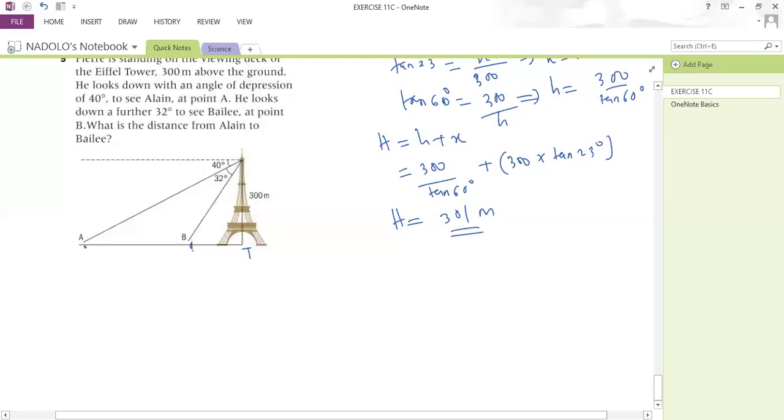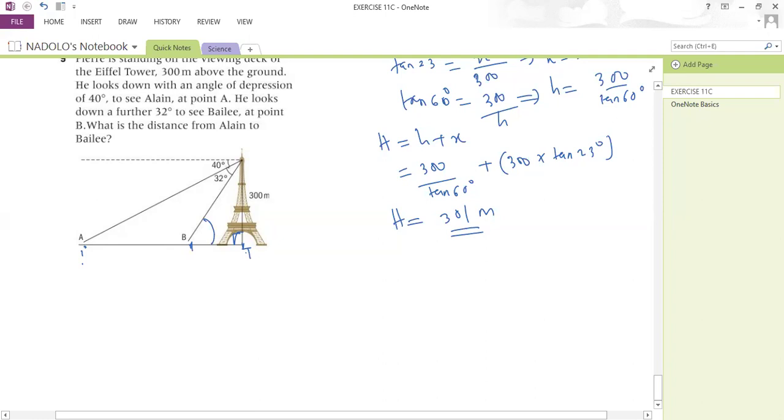We will need the distance from B to T, and then we can easily get the distance from A to T. So if we get the distance from A to T and we subtract the distance from B to T, we can get the distance from A to B. I'm using AT and BT because they lie in a right angle triangle, which makes it easier to use the trigonometric ratios we have.